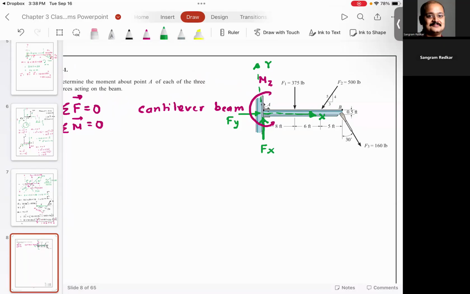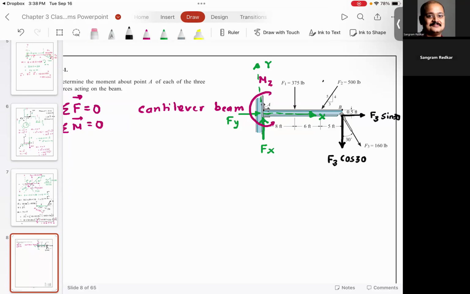So first and foremost, I'm going to resolve these forces. Do you agree with me? This force is going to be F3 cosine 30. There is going to be a horizontal component. This is going to be F3 sine 30. You agree with me?